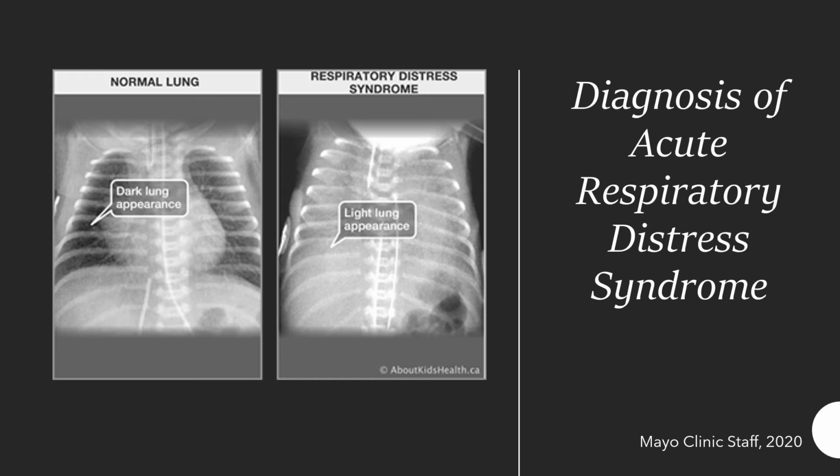In order to diagnose someone with acute respiratory distress syndrome, a physical exam, chest x-ray, and oxygen levels are all evaluated. Heart tests such as electrocardiograms and echocardiograms are also performed.